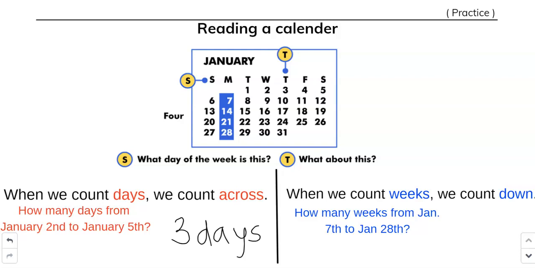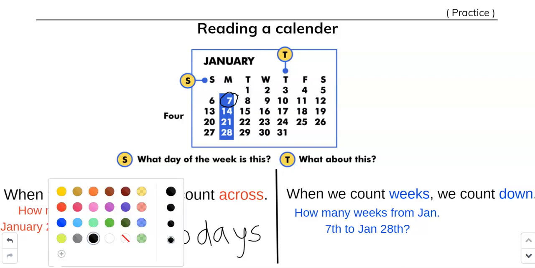Good. Now, if they're asking for how many weeks, we want to count down instead of across. So for example, we have how many weeks from January 7th to January 28th. So if we were counting days, we would start here and we would go across this way. But we're not counting days, we are going to be counting weeks.